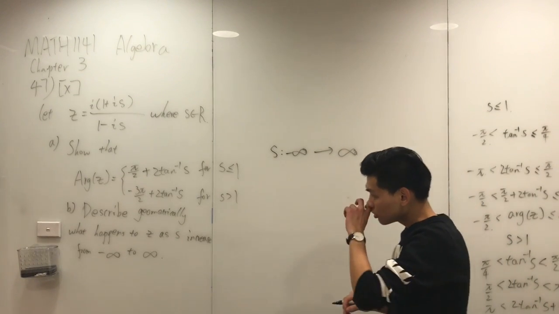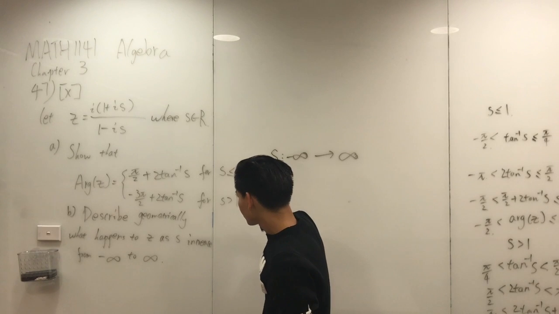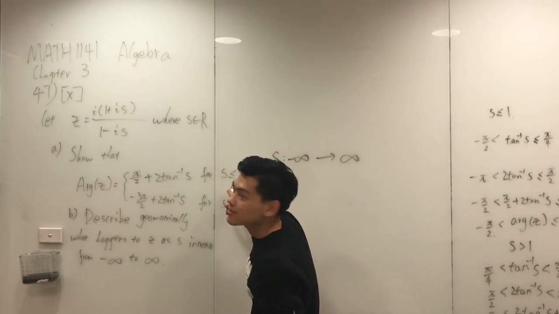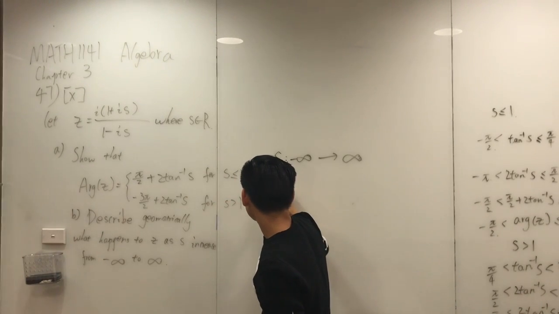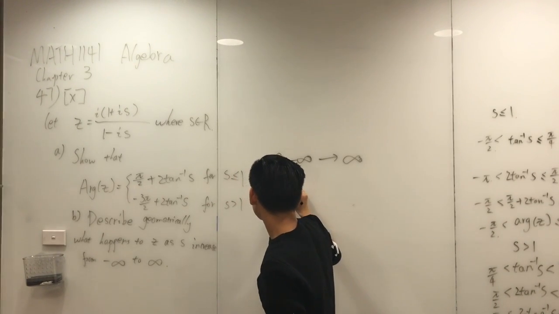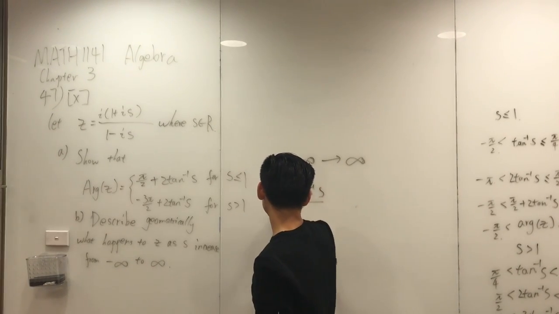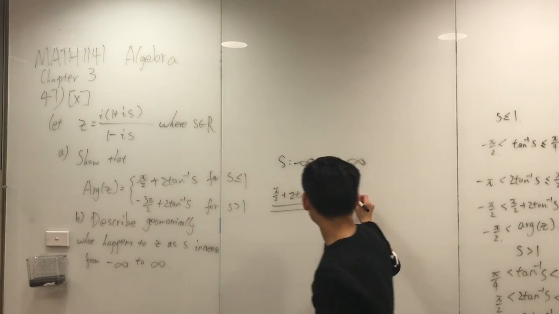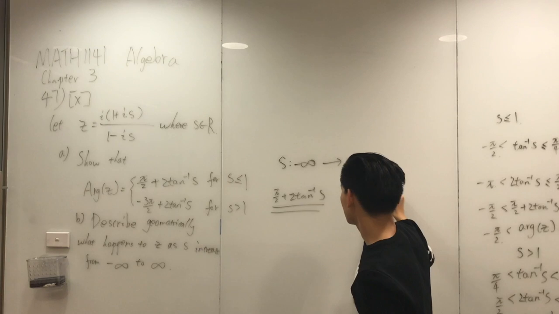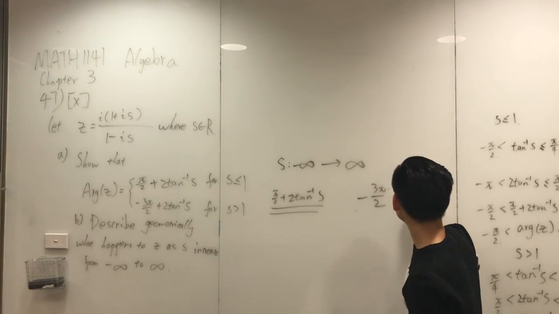Right? Now, when s is negative infinity, which is from s less than or equal to 1, it is pi/2 plus 2 inverse tan s, to positive infinity, which is negative 3 pi/2 plus 2 inverse tan s.